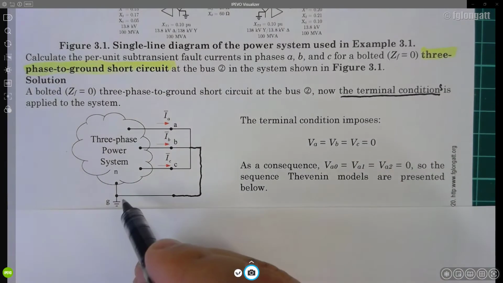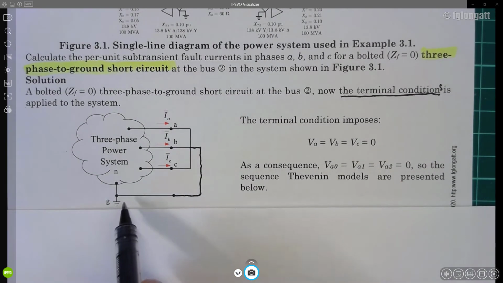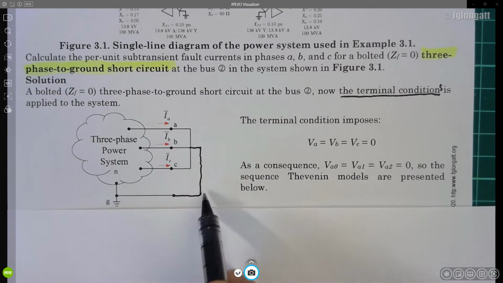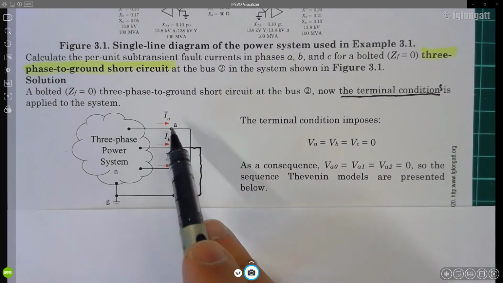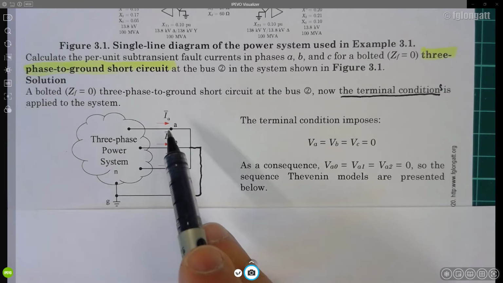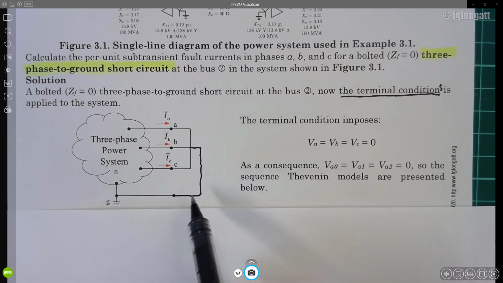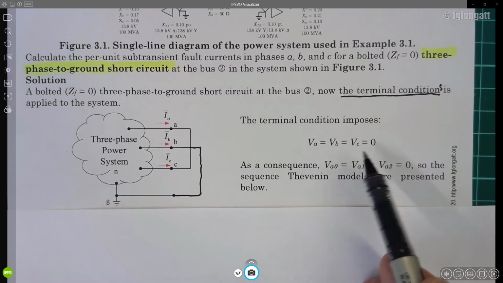Well, as you must remember, ground is the reference, voltage here is 0, and the terminal condition that we are imposing using this three-phase short circuit is that all the voltages must be equal to 0.